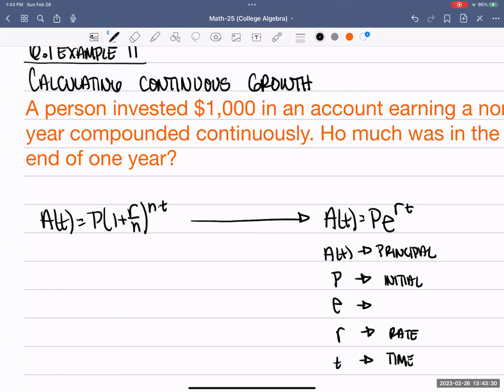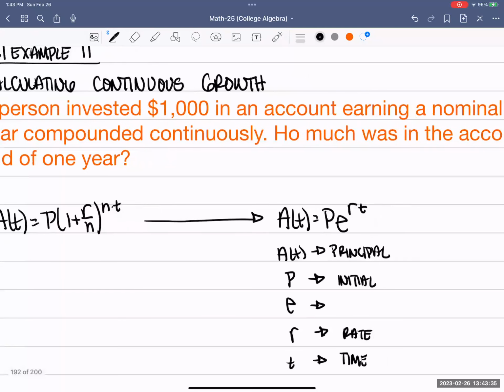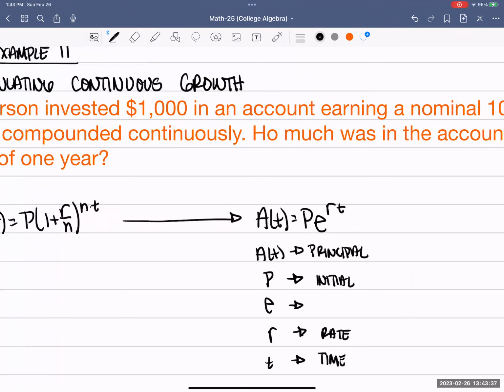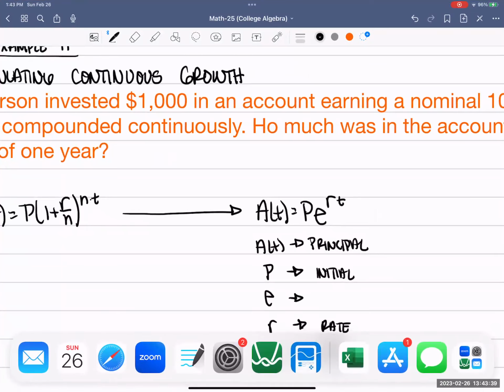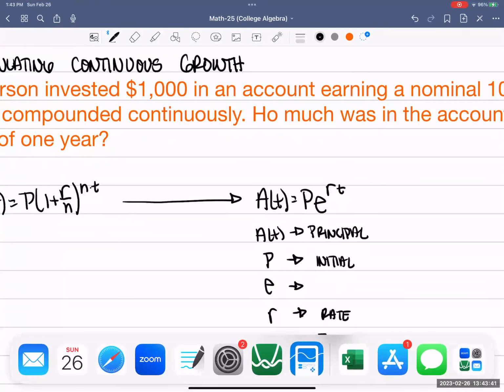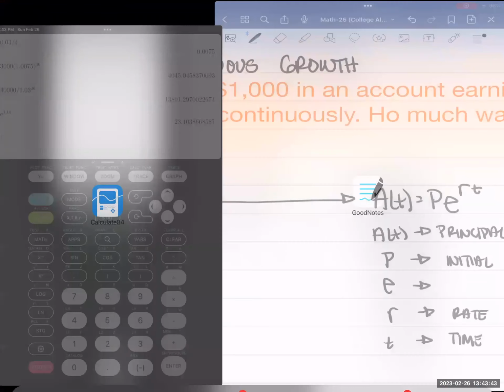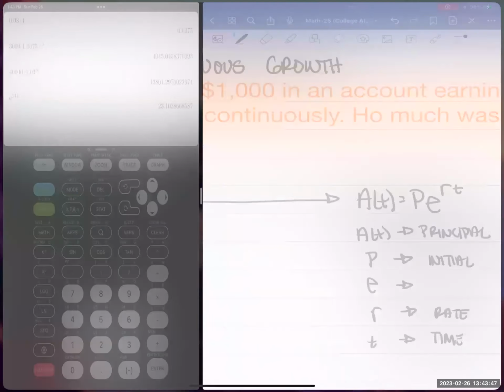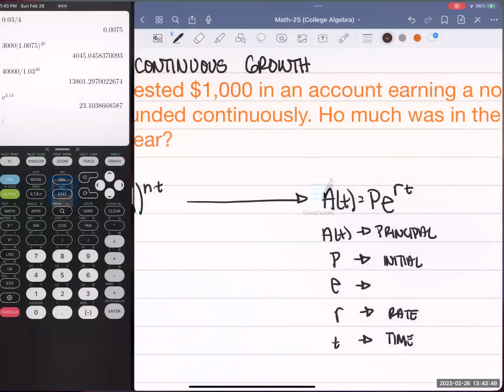E, Euler's number, is just a value that you have, similar to pi. We could check approximately what that value is, hitting second ln to get E raised to the power 1.